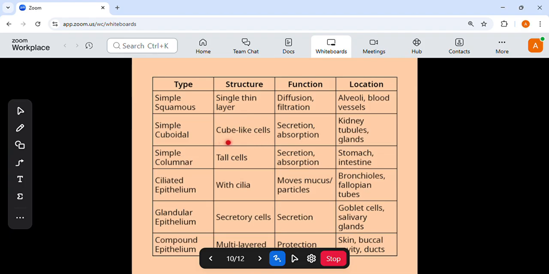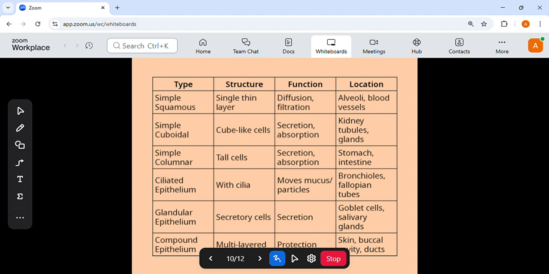Then simple cuboidal, cube-like cells. The function is secretion, absorption, in kidney tubules and glands. Simple columnar, tall cells. Function is secretion, absorption, found in stomach, intestine. And in simple cuboidal, we have brush border cuboidal epithelium seen in PCT.